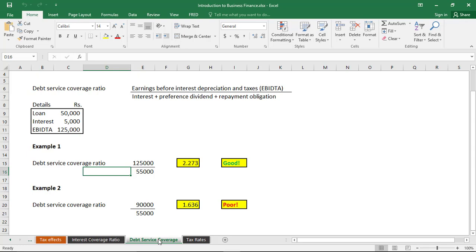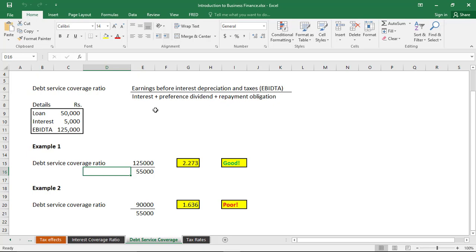And you have to find out your operating income for this. Your net operating income should be able to cover the interest, it should be able to cover the preference dividend, and it should be able to cover the repayment obligation that you have.